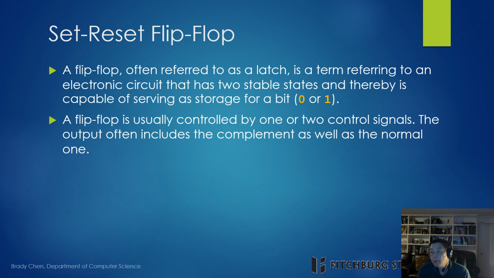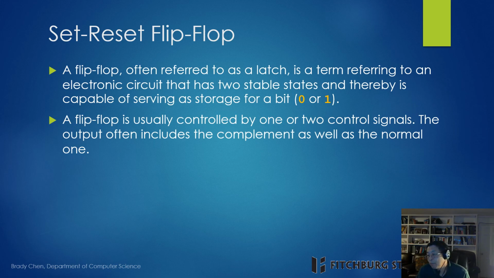So let's talk about a special electronic circuit. It's called a flip-flop, and often referred to as a latch. A flip-flop has 2 stable states, and thereby we can use the flip-flop to serve as storage for a bit. So you can store either 0 or 1.